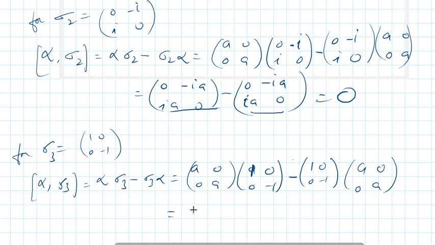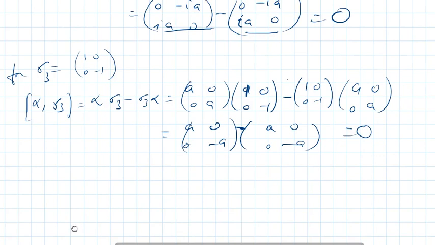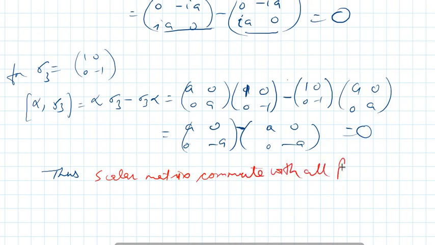If I solve this, it is again [[A, 0], [0, -A]] minus [[A, 0], [0, -A]], and both are identical and its value will again be equal to 0. Thus, a scalar matrix commutes with all Pauli matrices. That's all.